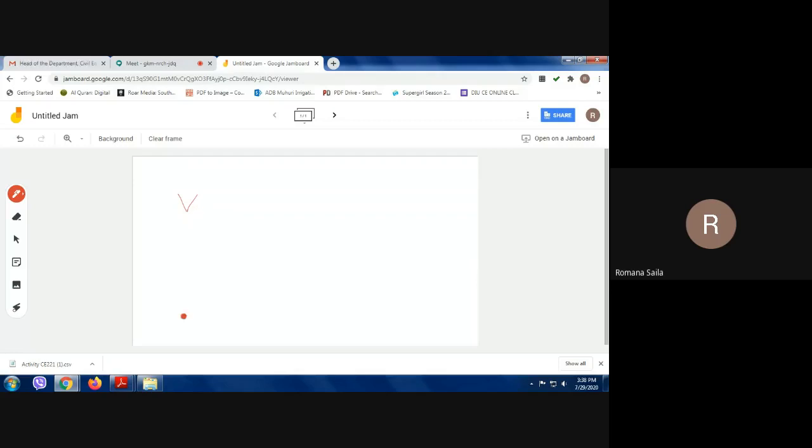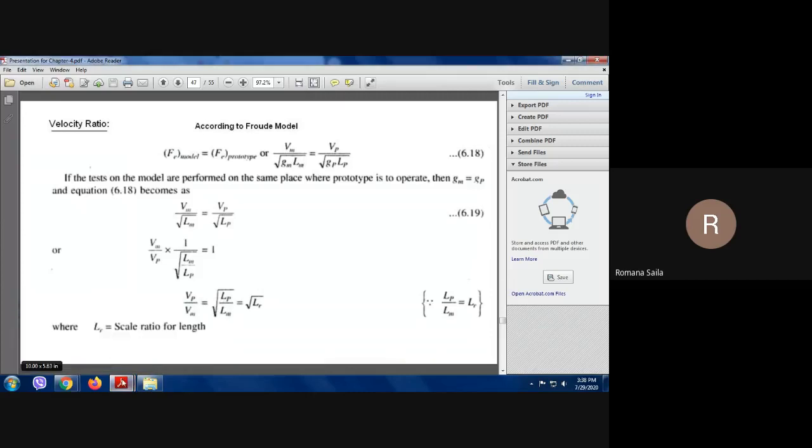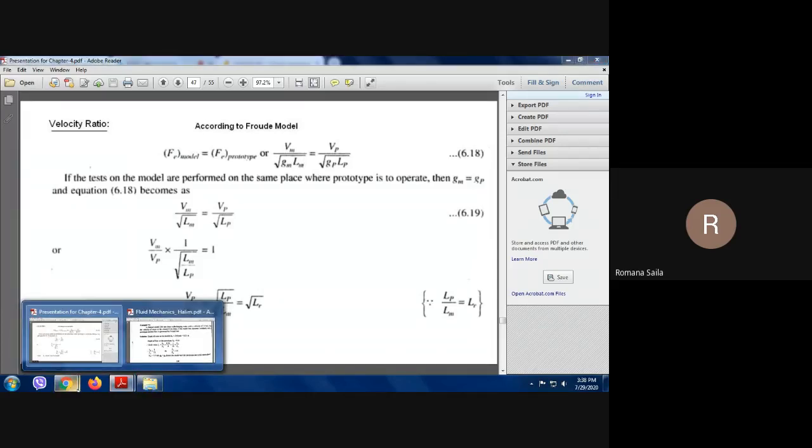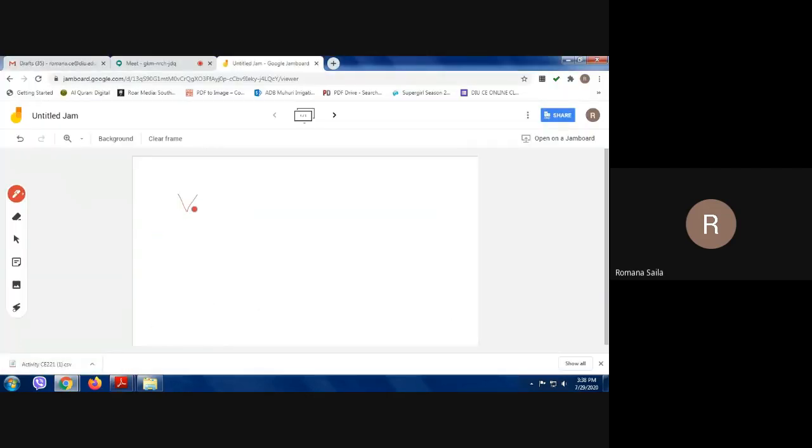We get Vm by Vp is equal to root over Lm by root over Lp, and you can rearrange this equation like this: 1 by root over Lp by root over Lm.